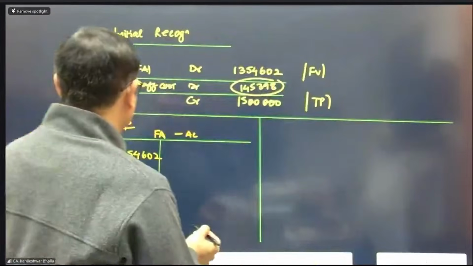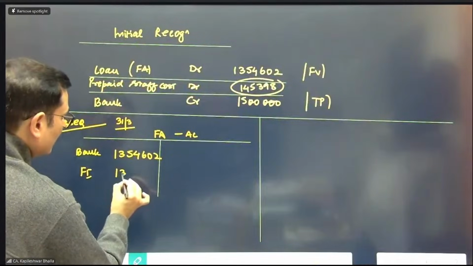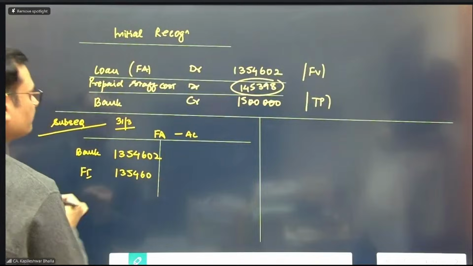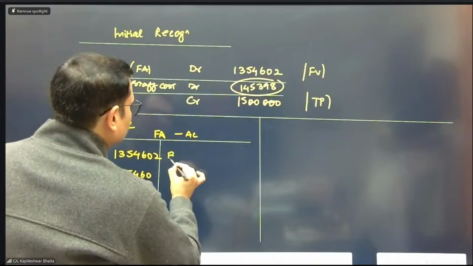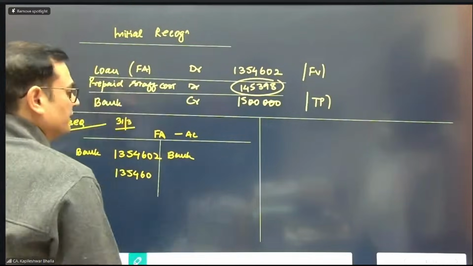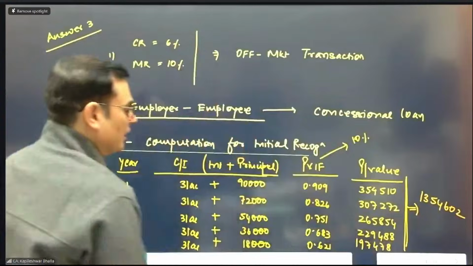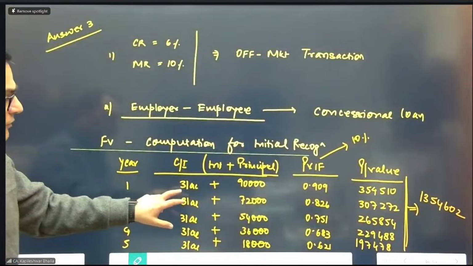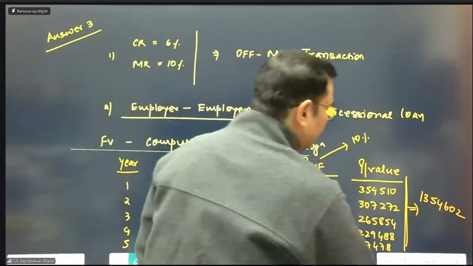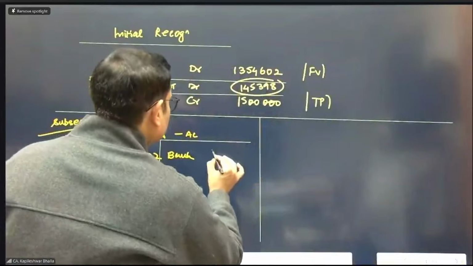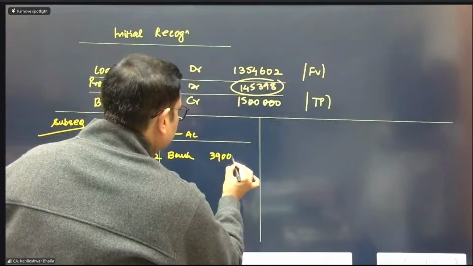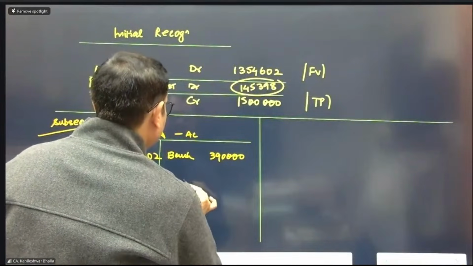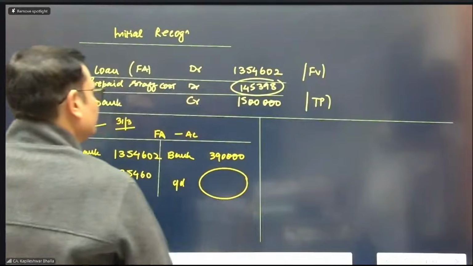So that's going to be at 10%, so this is 135,460. And you receive something at the end of first year, which you can see from this chart. So can I say you're going to receive 3,90,000 at the end? So this comes to 3,90,000 at the end. And we get the balance CD as a balancing figure.